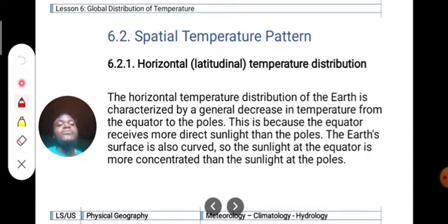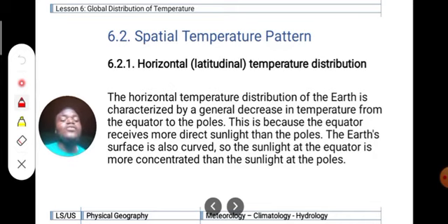Now, this is because, one, the sunlight is received directly over the equatorial regions. When we look at the shape of the Earth's surface, remember, the Earth is spherical but bulges at the equator, which means that the equator is even closer to the sun than the poles are.